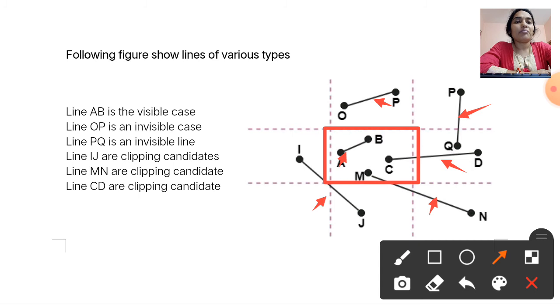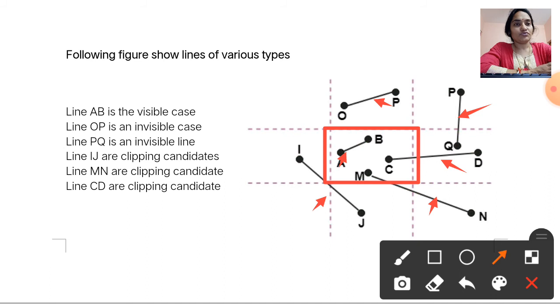MN has some parts inside the window and some parts outside the window, so it is also a clipping case. CD line also has some parts inside the window and some parts outside the window, so it is also a clipping case.